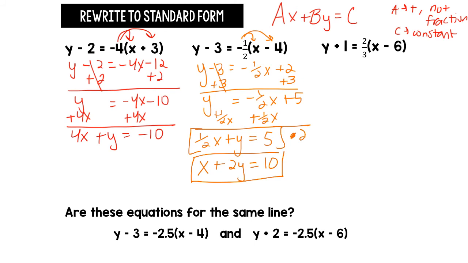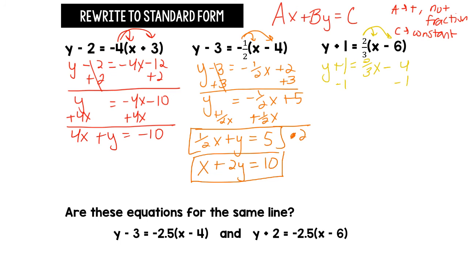One more here. Let's see if I can get this to work. Maybe. There we go. All right, we're going to distribute again like we did before. So y plus 1 is 2/3 x minus, and this we said before was 4.